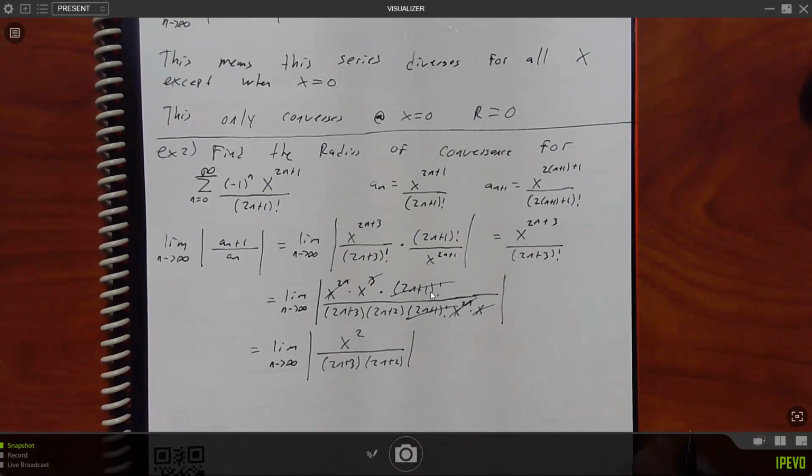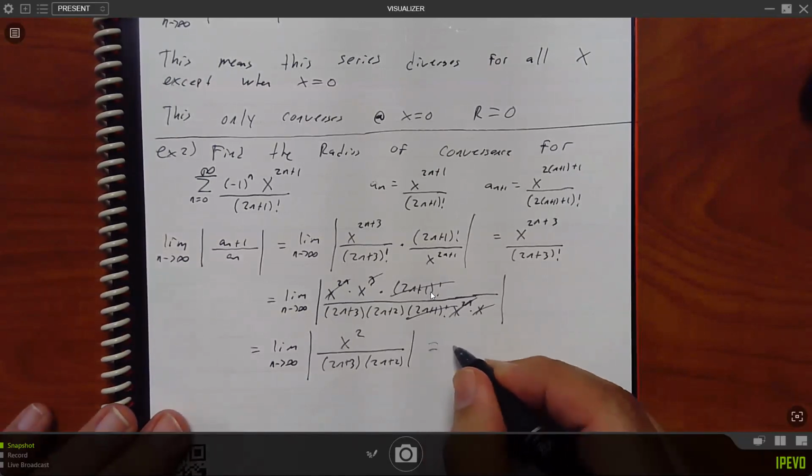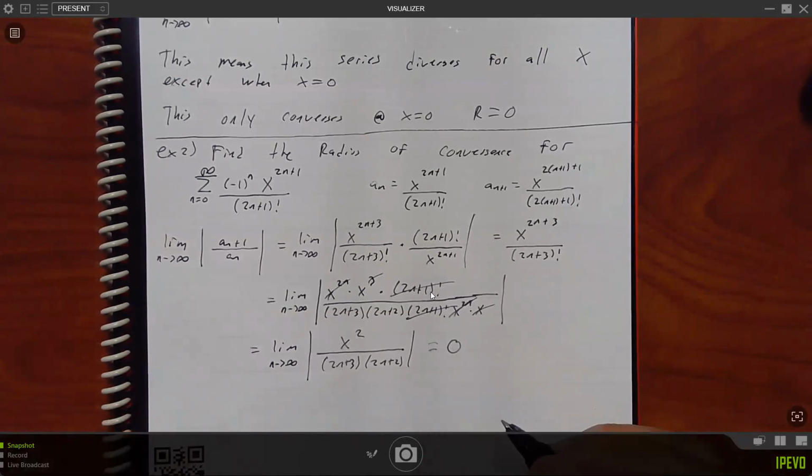What is that limit? Does it matter what x is? X is some real number, right? It doesn't matter what it is. The limit will always be 0. So what does that mean? It does converge. That's true.